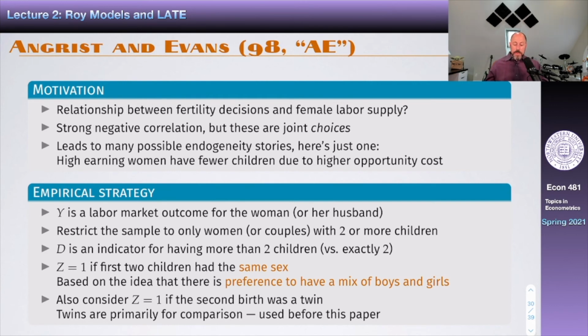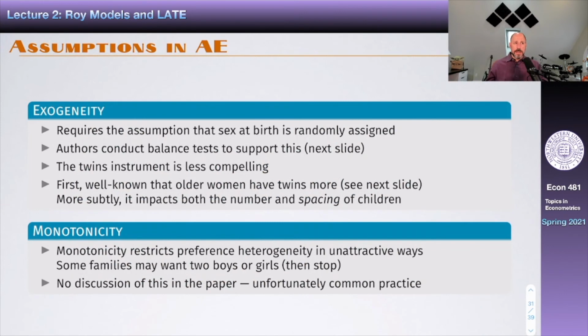Exogeneity requires the assumption that sex at birth is randomly assigned. Okay, sounds reasonable. The twins instrument is less compelling than the other one, in particular because we know that the older the age of the mother and the father as well, the higher the probability that you have twins. So if you're conditioning on twins, you may be conditioning on people that are older, and people at older ages made certain choices.